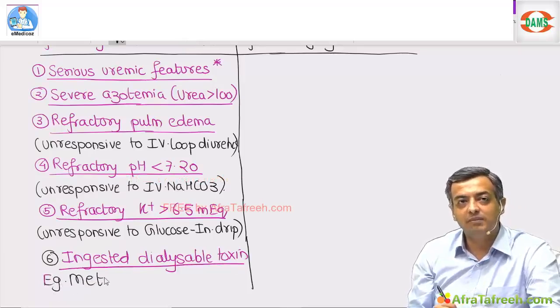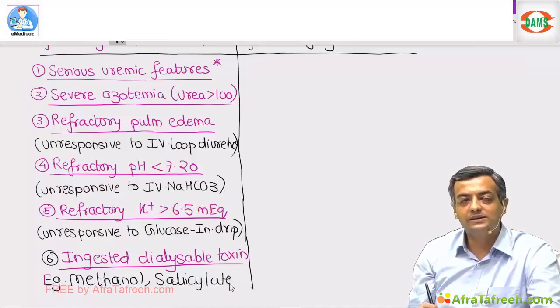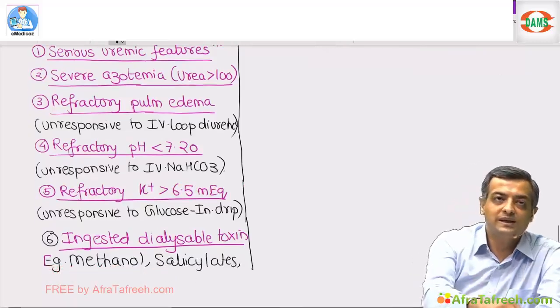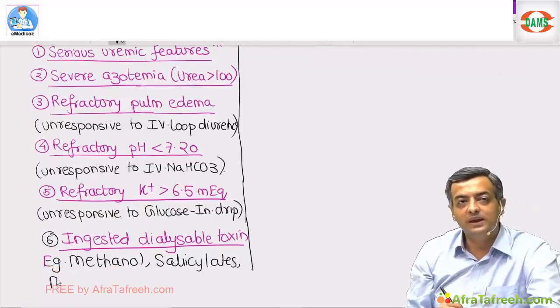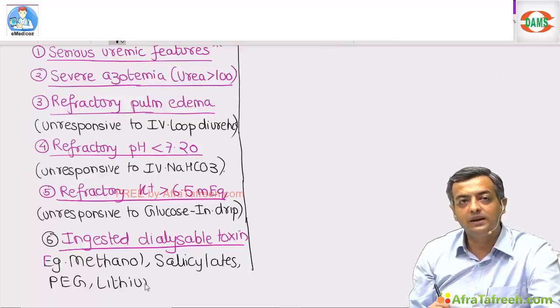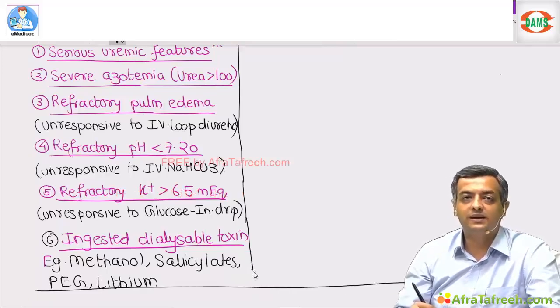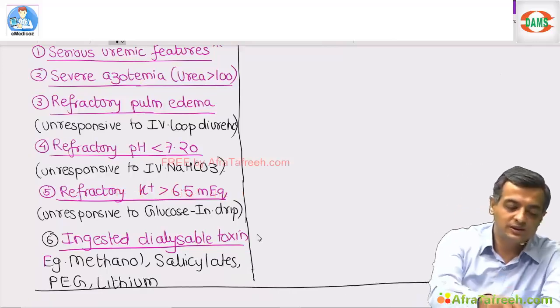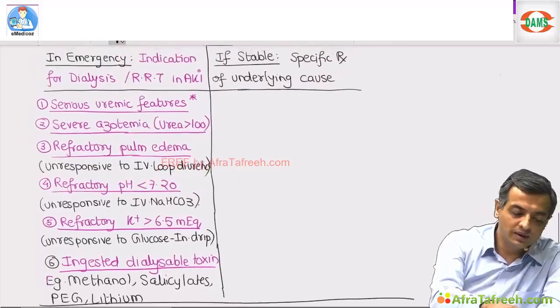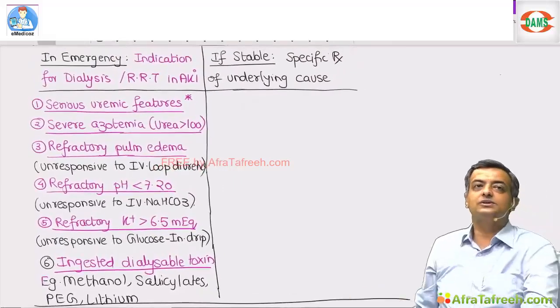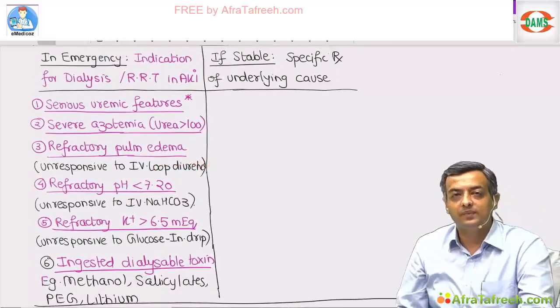We have got methanol, salicylate, polyethylene glycol, and lithium, which are considered dialysable toxins. These are the common dialysable toxins in the world.